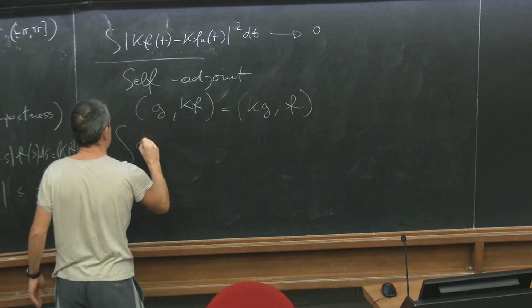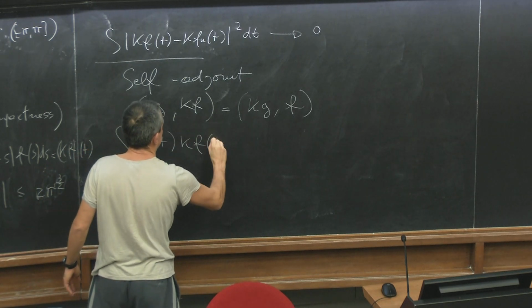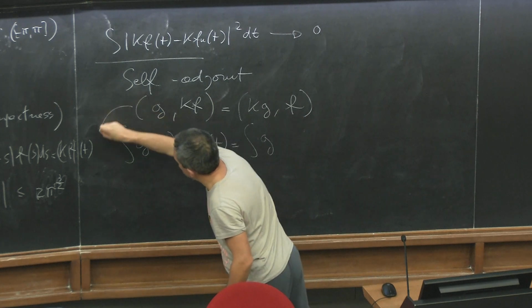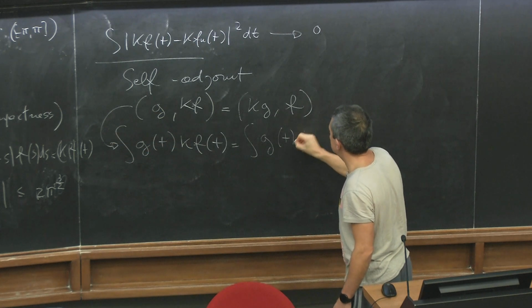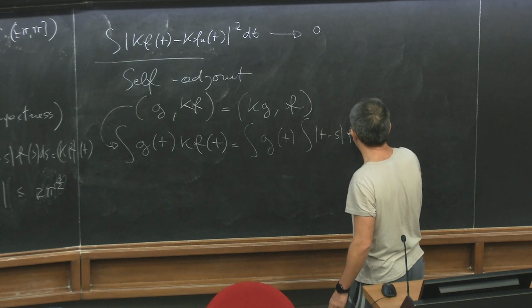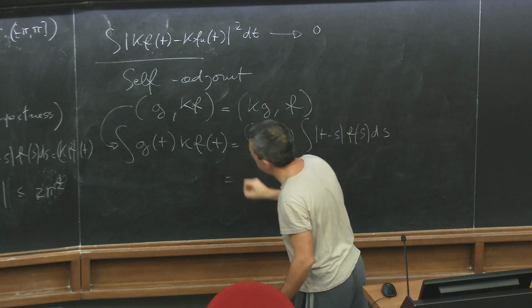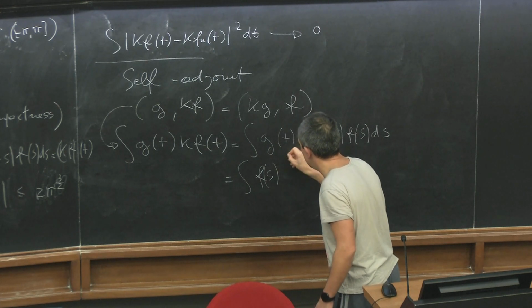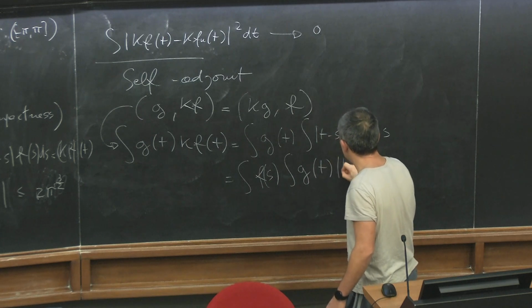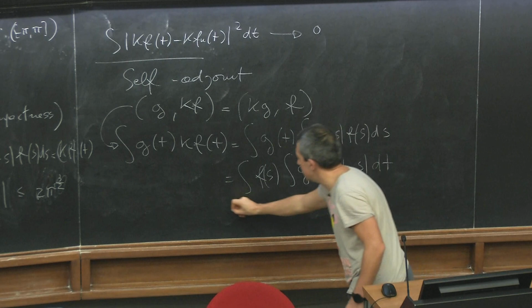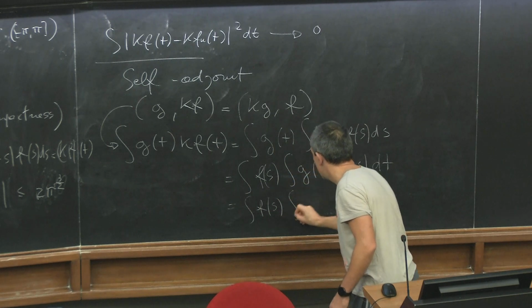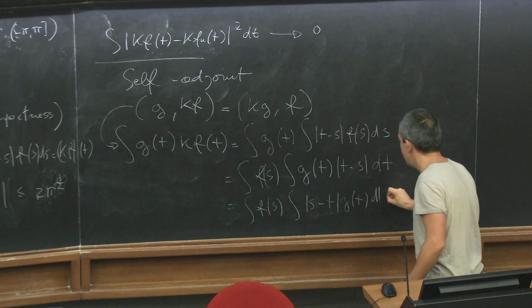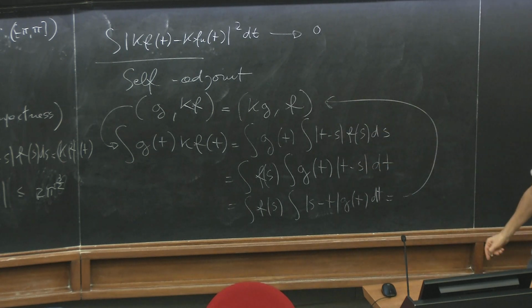This is the integral of g(t) Kf(t), equal to, by definition, g(t) integral of the kernel (t minus s) f(s) ds, equal to, by Fubini's theorem, f(s) integral of g(t) kernel (t minus s), and this is equal to kernel (s minus t) because the kernel is symmetric. And this, by the way, is the other term. Okay, so it's self-adjoint.